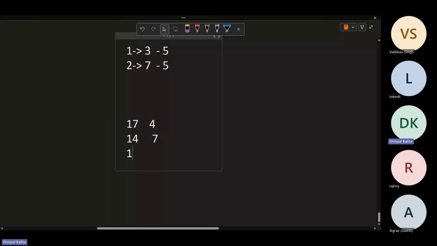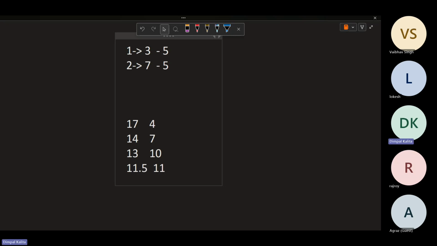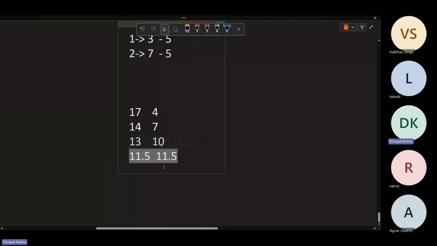After the second operation, it will become 11 and 10. At the third operation, I'll just transfer 1.5 liters of water. It can be decimal. It will be 11.5 and 11.5. Now the amount of water in both vessels is equal. The operations took us 3 operations.